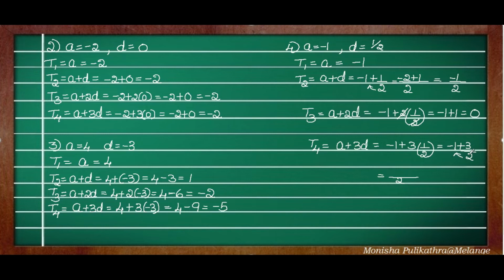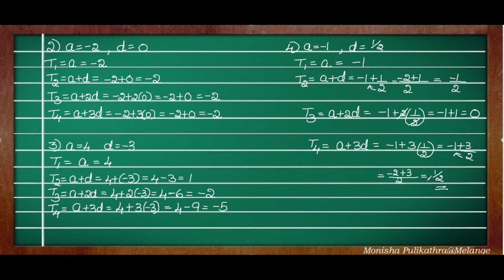So minus 2 plus 3. The numerator has to remain as it is. So it will become 1 by 2. Minus 2 plus 3 is 1 by 2. So hope you understood the second, third and fourth problem.